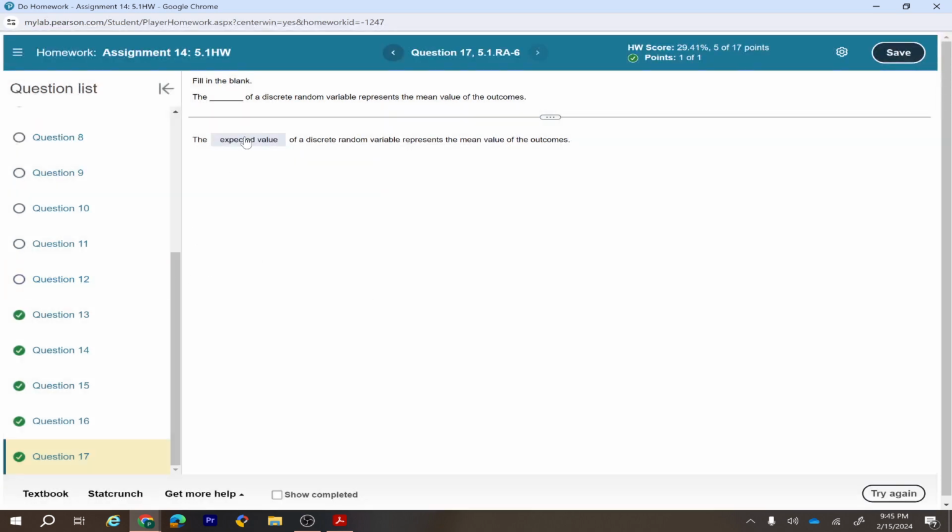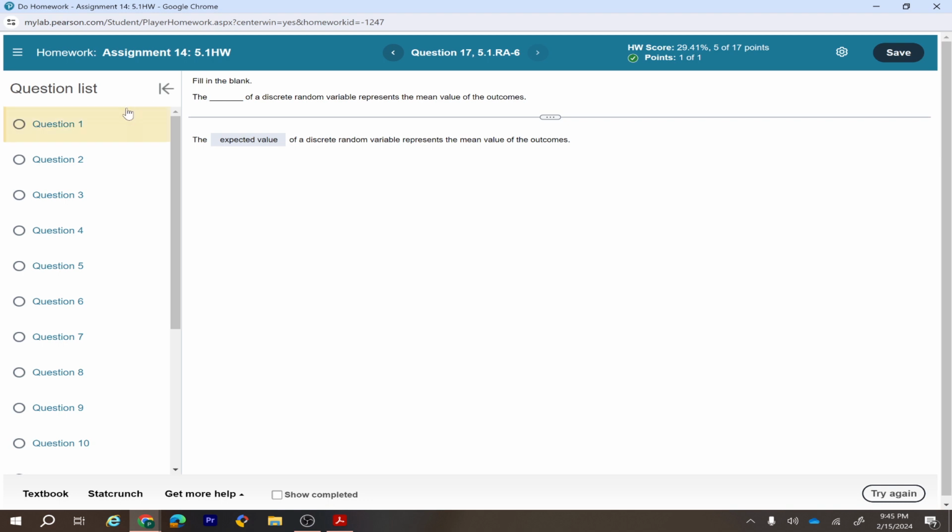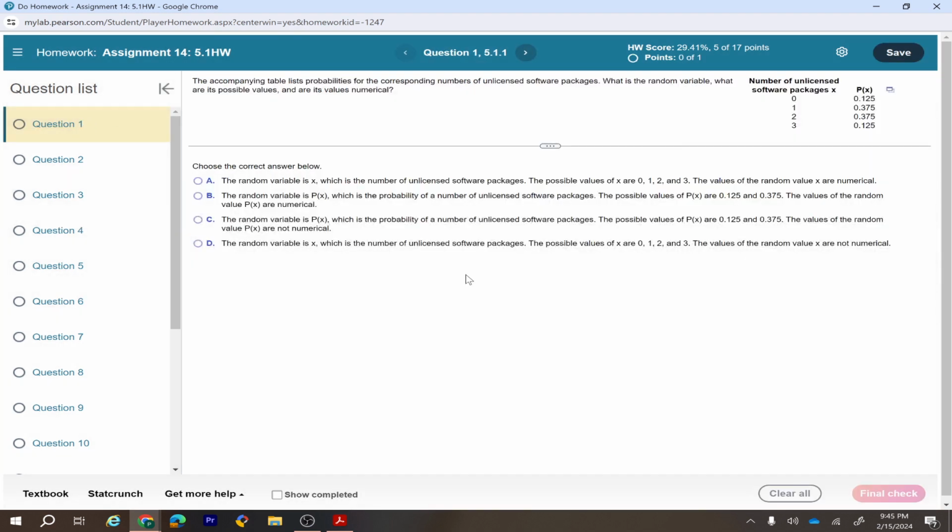Let's do some of the examples. Let's start with problem number 1. This is the table we have been given, and we need to find what the random variable is, what its possible values are, and whether its values are numerical. The number of unlicensed software packages X is the random variable.